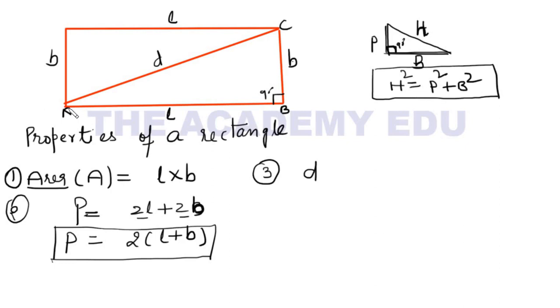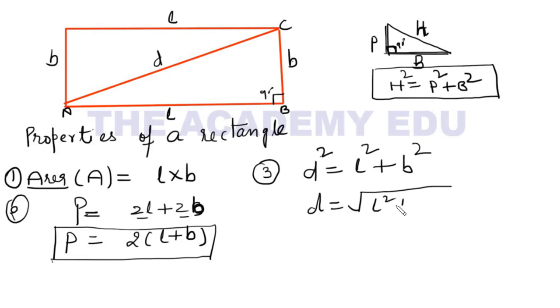Similarly, in our rectangle, ABC is a right angle triangle, so we can apply this rule here also. D square, this is the hypotenuse, is equal to base square, which is L in our figure, L square, plus perpendicular, which is B, B square. If the square comes to the other side of the equality, it changes into root over L square plus B square.